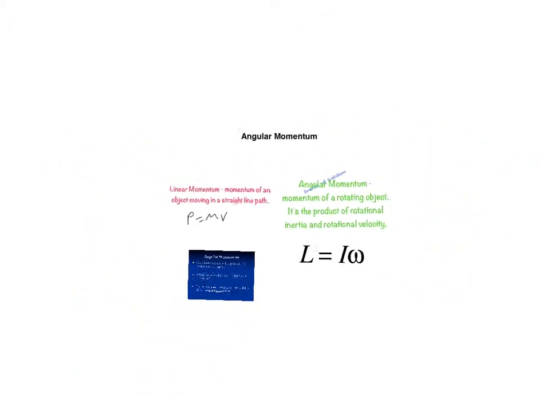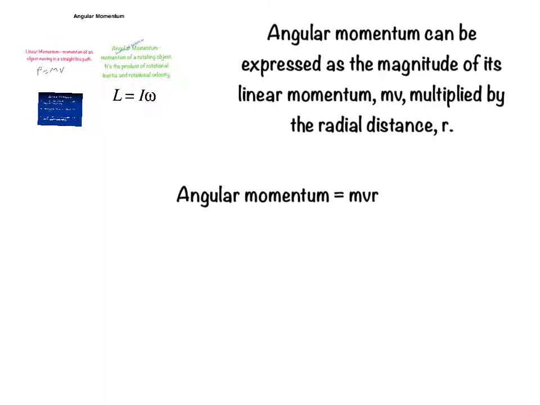Now, for the case of an object that's small compared with the radial distance to its axis of rotation, such as a tin can swinging from a long string or a planet orbiting in a circle around the sun, the angular momentum can be expressed as the magnitude of its linear momentum, mv, multiplied by the radial distance, r. So that equation is angular momentum equals mvr.